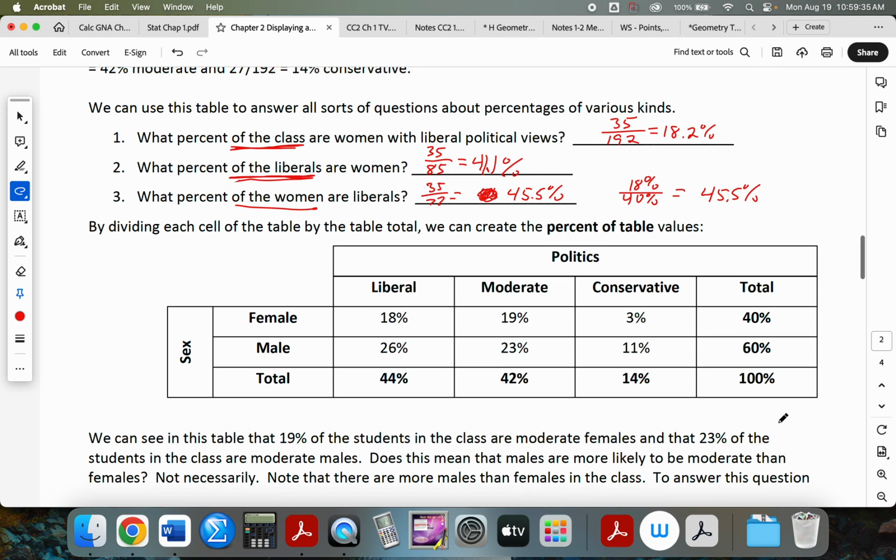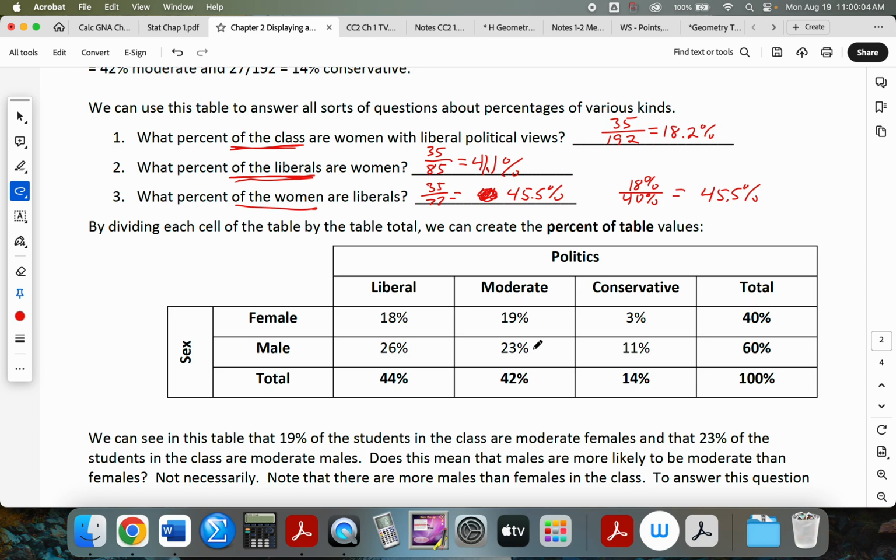All right, so we can see in this table that 19% of the students in the class are moderate females, and 23% of the students in the class are moderate males. Does it mean that males are more likely to be moderate than females? This is where you can get into trouble. You're like, oh, 23% of the guys are moderate, 19% of the girls are moderate.